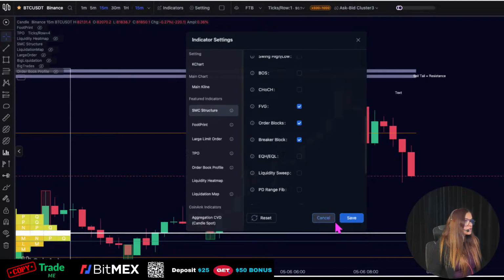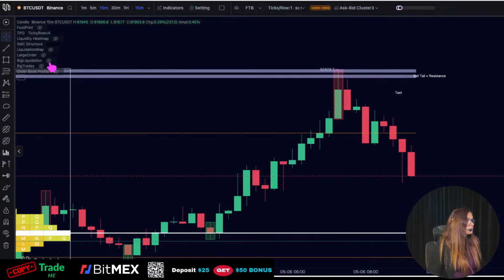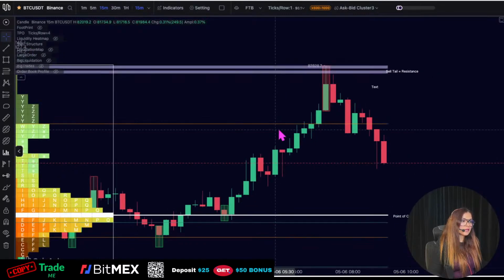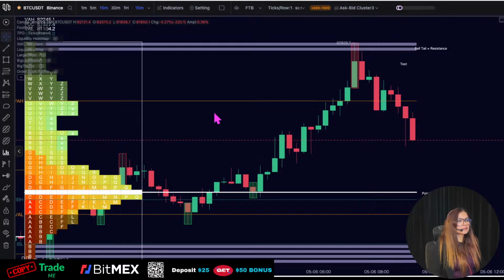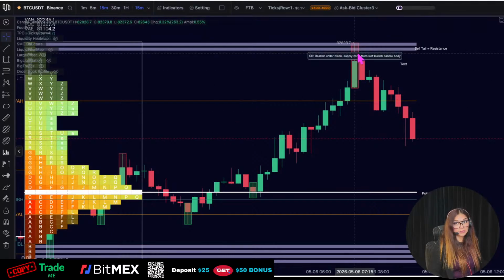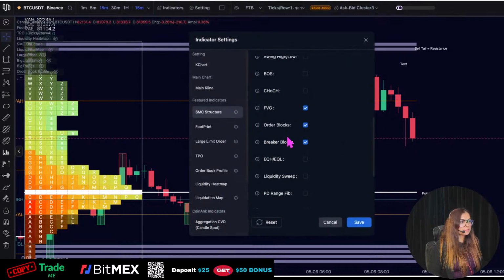All right, so that is it for SMC structure. Again, the only thing that I use on the SMC structure is the fair value gaps and the order block. Actually, I should put the breaker block in there as well, come to think about it. Oh, I do have breaker blocks. Okay, good.